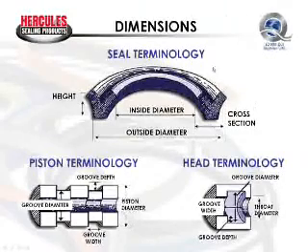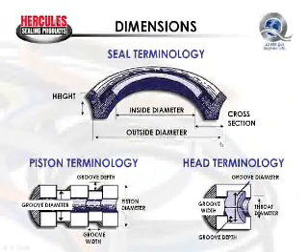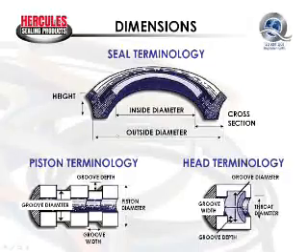And finally, the cross-section is the difference between the outside diameter of the seal and the inside diameter of the seal, divided by 2. So if we have a 2.5-inch outside diameter and a 2-inch inside diameter, the difference is 1/2 inch, divided by 2 gives us a 1/4 inch cross-section.